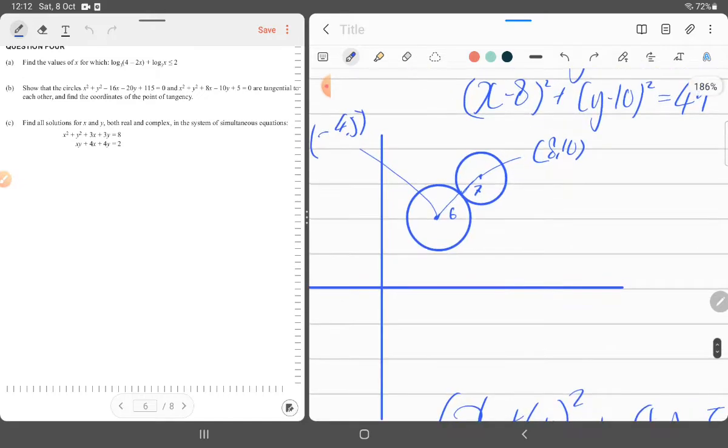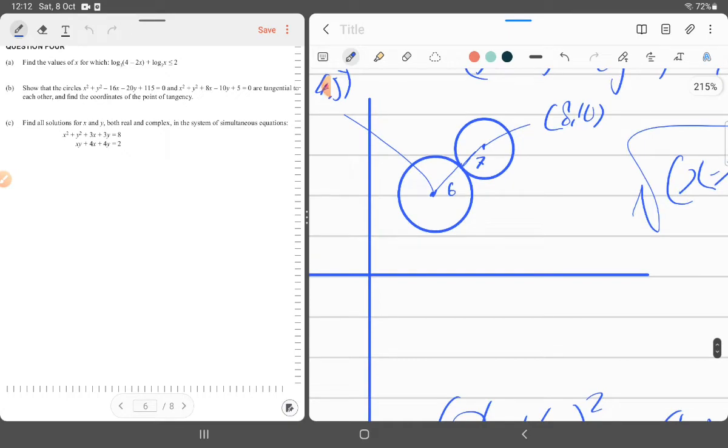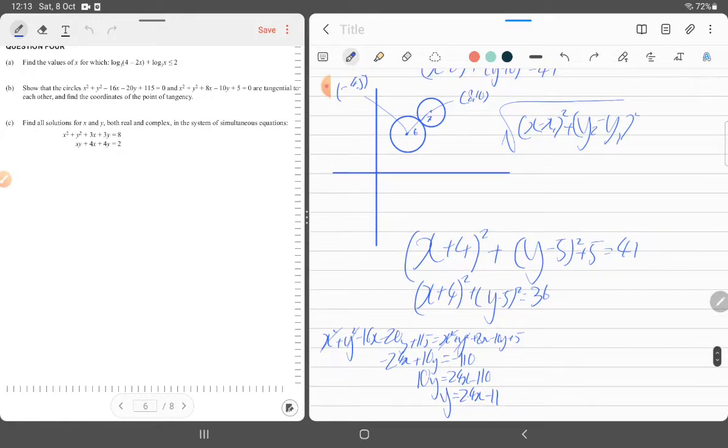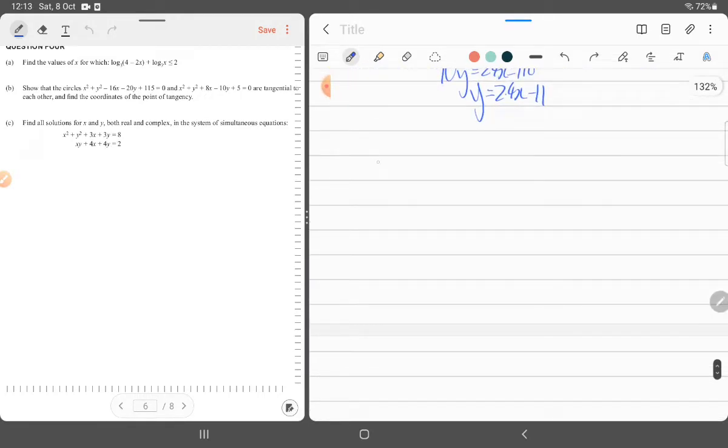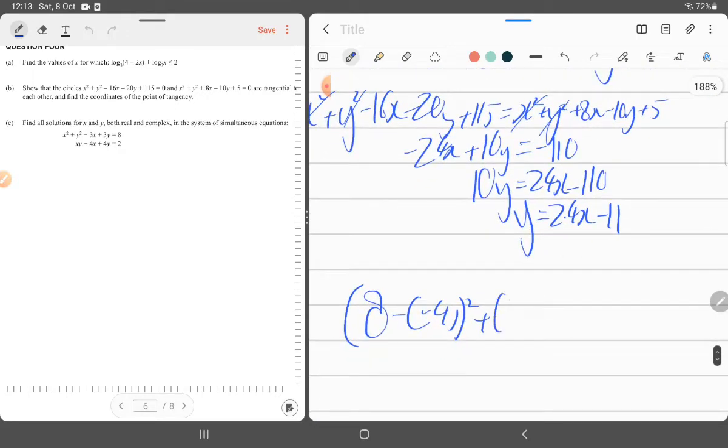Actually, I could do the square root of x take away x1 squared plus y take away y1 squared. We can do that one. Because they're tangential, this creates a straight line. So 8 take away negative 4 squared plus 10 take away 5 all squared, square root of that.